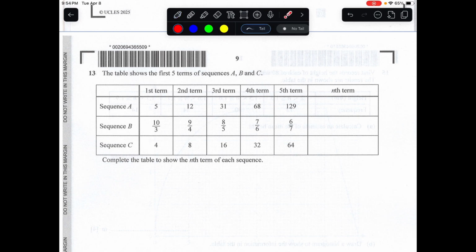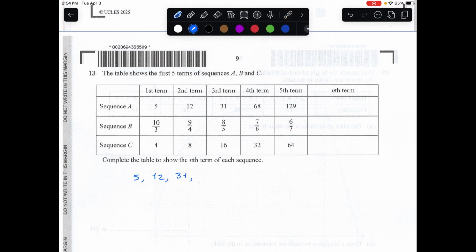So we have been given over here first term, second term, third term, and so on. We need to find the nth term. So try to look at what is the pattern. The pattern looks like, is it plus 7? So 12 minus 5 is 7. 31 minus 12 is 19.